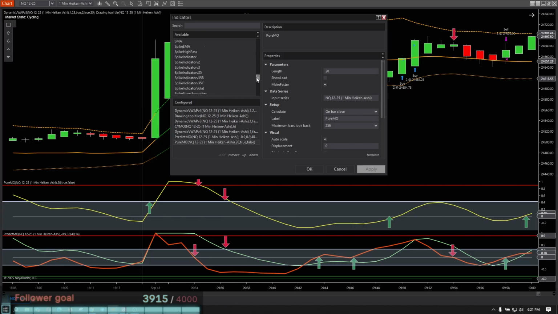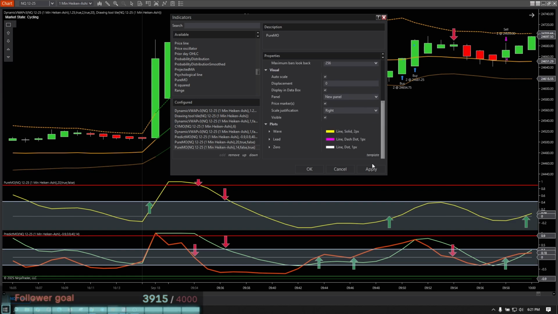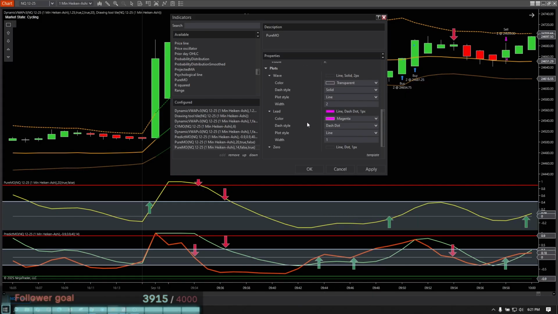So if I come down here and I go to my PureMO, which is right there, I add another instance of PureMO right there. What I want to do is make the wave line transparent. Got to make the zero line transparent as well, right there. And then we've got the lead line right there. All right, so the lead line, you can tighten it up.